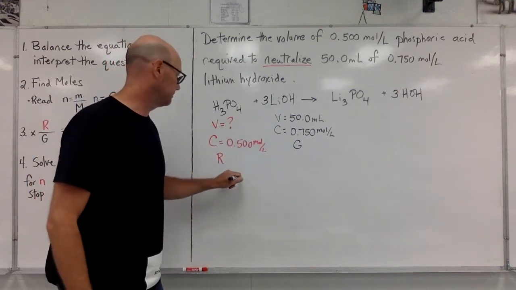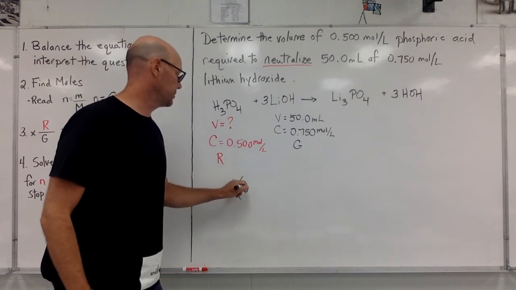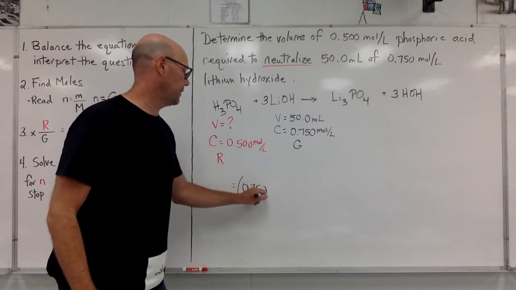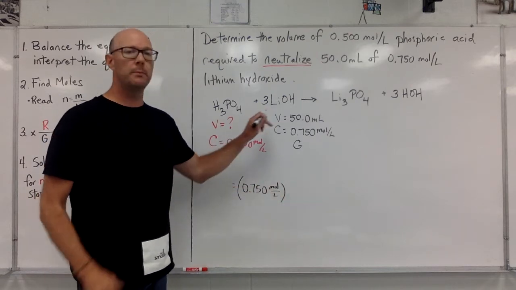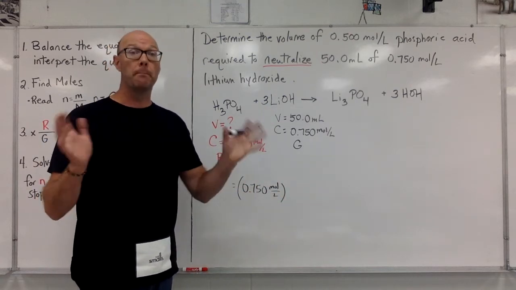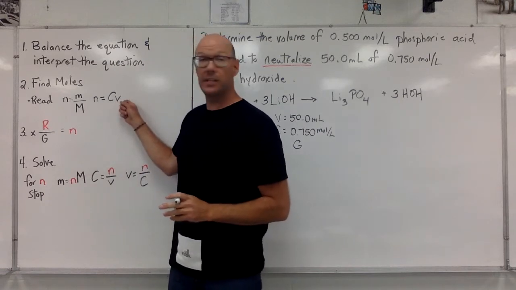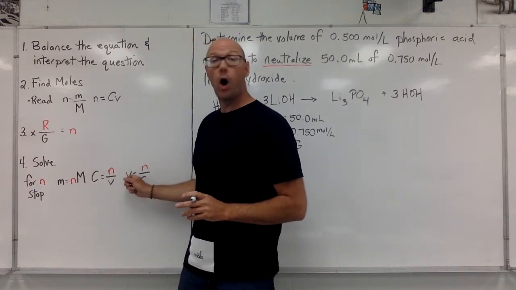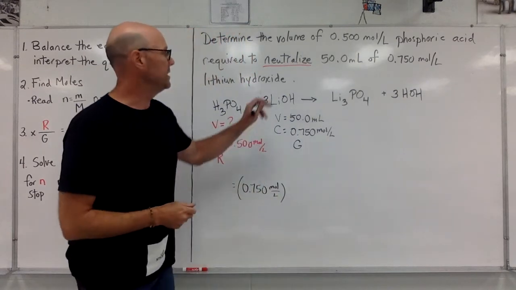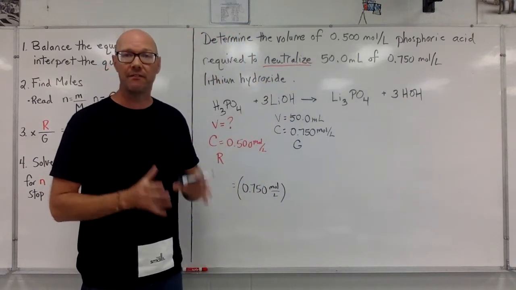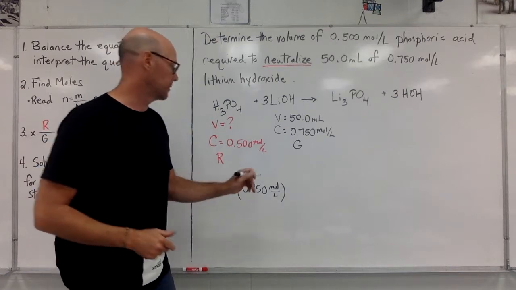C times V. The concentration is 0.750 moles per liter. The volume is 50 milliliters. Big reminder, if we're using C times V, all these volumes over here must be in liters. We need to take that 50 and divide it by 1,000.